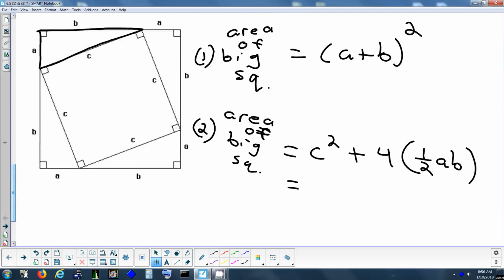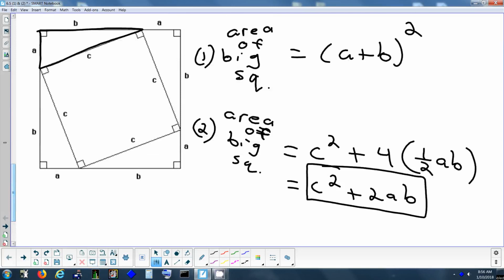What's 4 times 1/2 ab? Yep, 2ab. So we get c squared plus 2ab. That's a formula for the area of the big square.